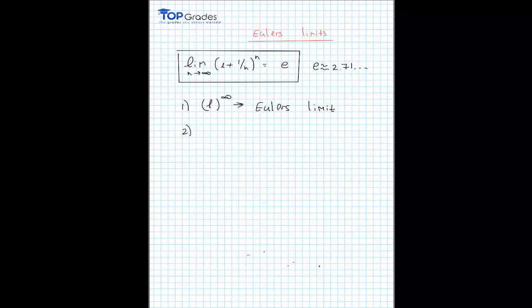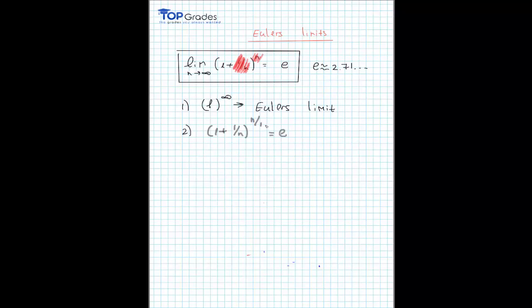Second, we can observe that this part is opposite to this part. What I mean is, here I have 1 plus 1 over n, and in the power it will be n over 1. They are opposite to each other.